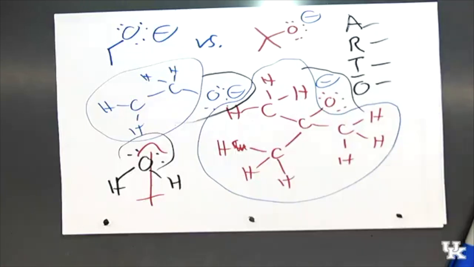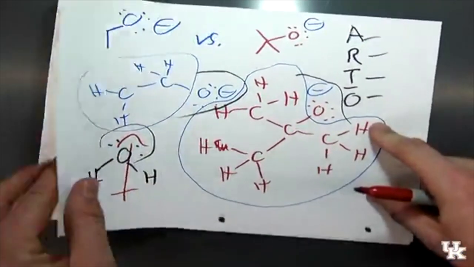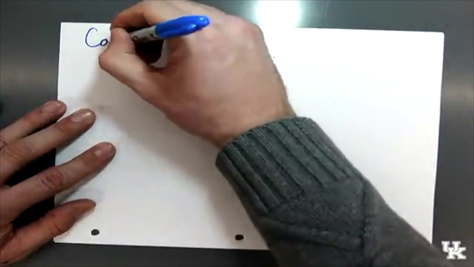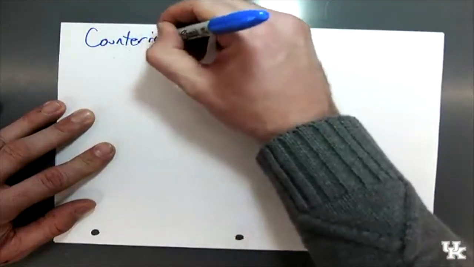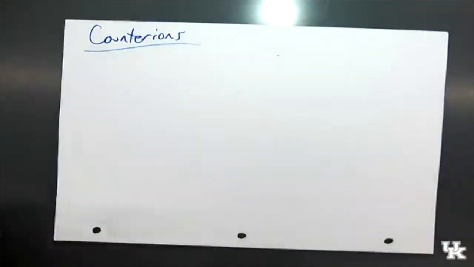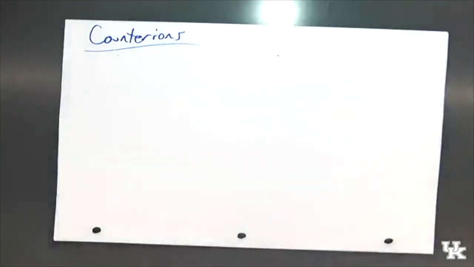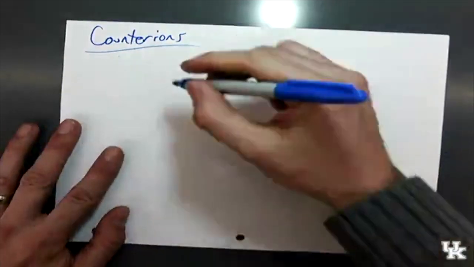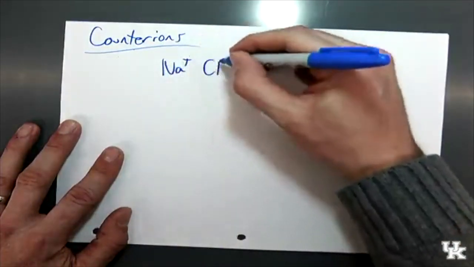All right, so the last thing for chapter 3, oh no, not the last thing, I lied, sorry. Second to last thing in chapter 3 is a big pet peeve of mine that you will learn about from here on out, and that's the idea of counterions. Because the same way, if you ever come across salt, it's always NaCl, which means sodium plus Cl minus.